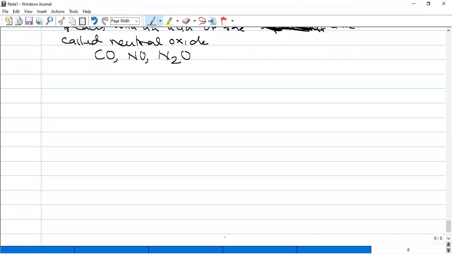Okay. So we have seen oxygen and types of oxides. Now we'll see one compound of oxygen, that is ozone.